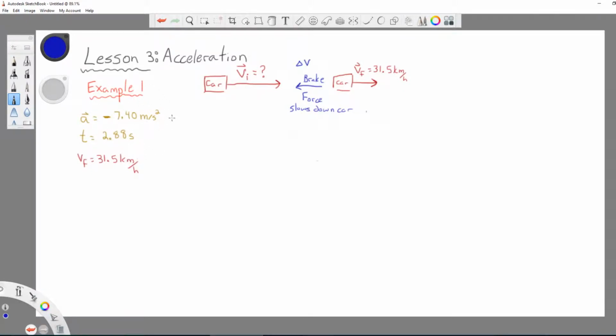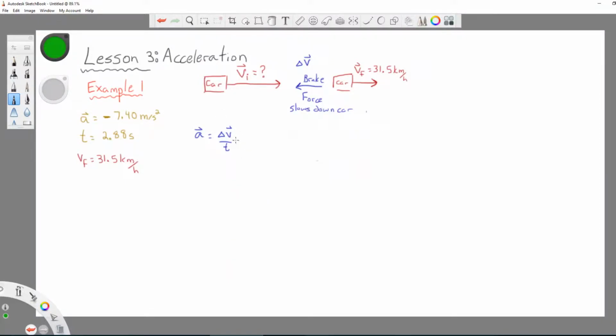And if we utilize the formula given to us at the beginning of the lesson, we can say that acceleration is equal to the change in velocity over time. Well, we're already given acceleration and time, and we're looking for velocity. So this is sort of a straightforward solve so far.